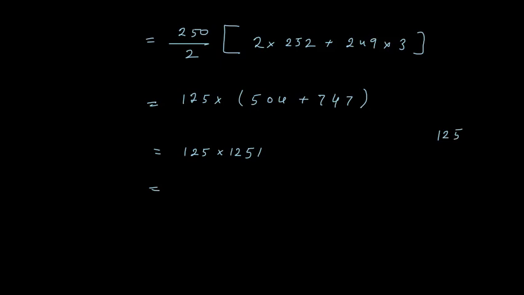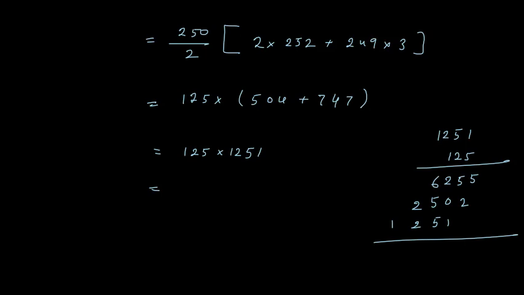So 1251 you multiply by 125. So start with 5, 5 1s are 5, 5 5s are 25, 5 2s are 10 plus 2 is 12, 5 1s are 5 plus 1 is 6, then 2 1s are 2, 2 5s are 10, 2 2s are 4 plus 1 is 5, 2 1s are 2, and then you add them up.